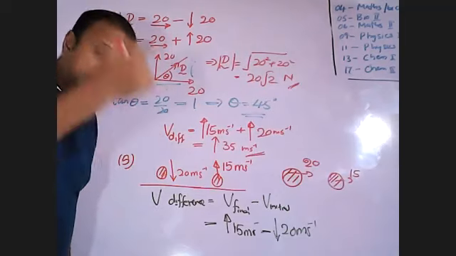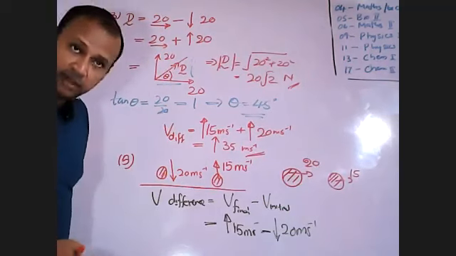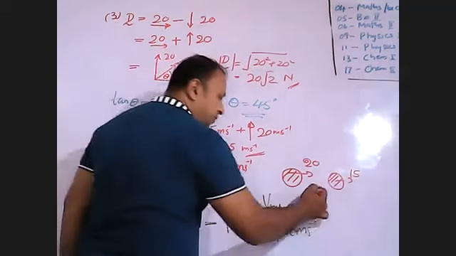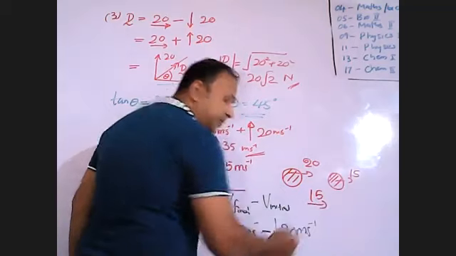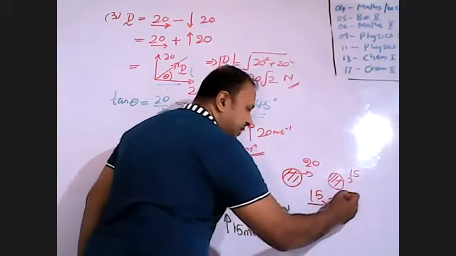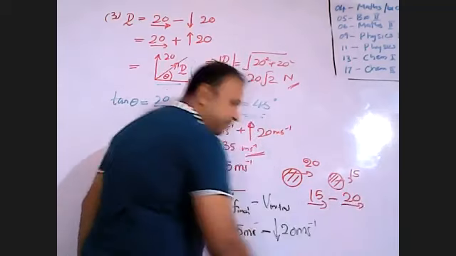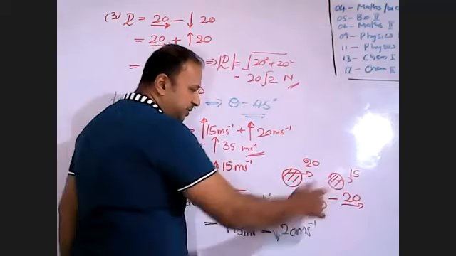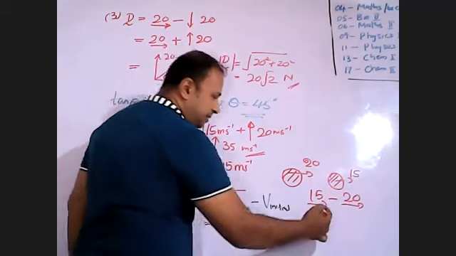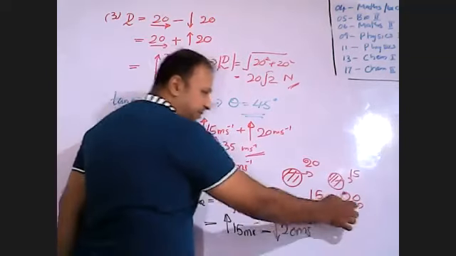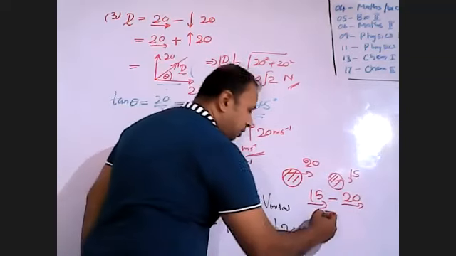You have to subtract the final value from the initial value. Final value is in this way, minus initial value is in this way. If you subtract these two, look at this, you have to reverse this value.